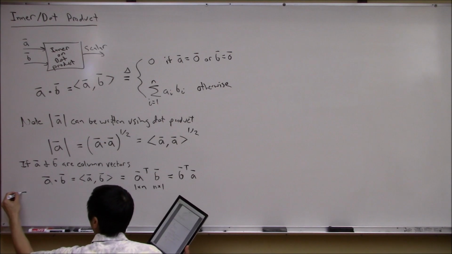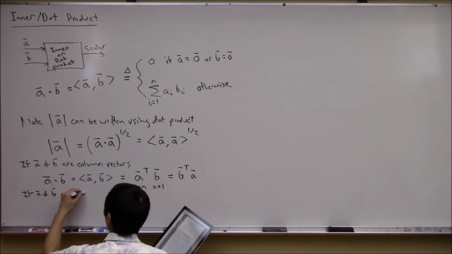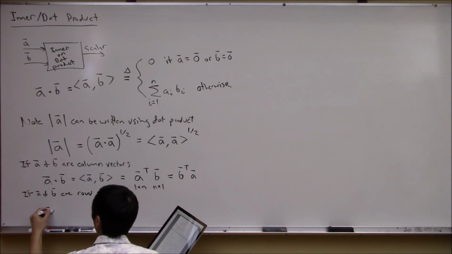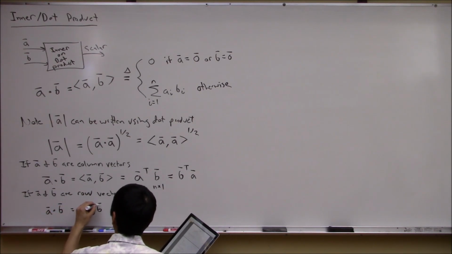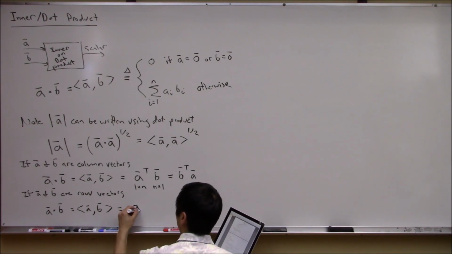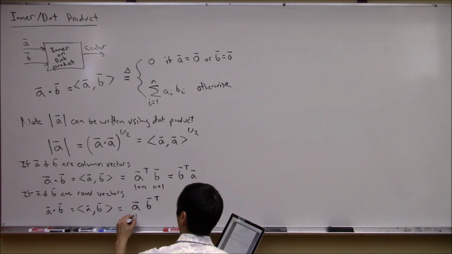Conversely, what if A and B are row vectors? Then it's the same thing. You just have to be a little bit careful with dimensions. So for the inner product of A and B, keep in mind A and B are row vectors, so all I want to do is A by itself and then B transpose. Because A is a row vector, that's a 1 by n.